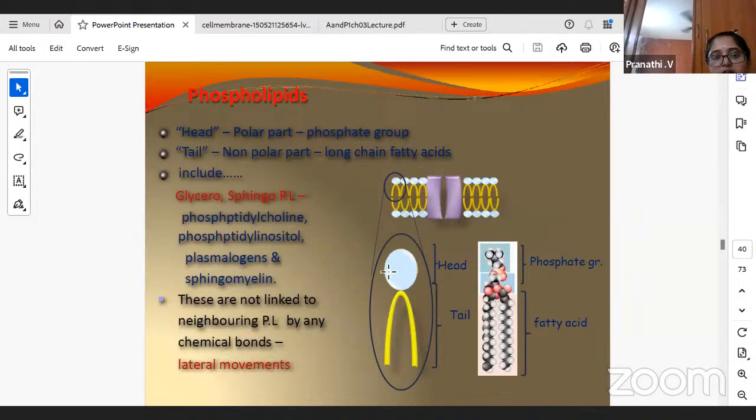Phospholipids: the head is made up of a polar phosphate group, and there are non-polar hydrophobic long chain fatty acids. Fatty acids can be short chained, medium chained, and long chained. They are the lipid part. So you have glycerophospholipids, sphingophospholipids, phosphatidylcholine, inositol, then plasmalogen, sphingomyelins.